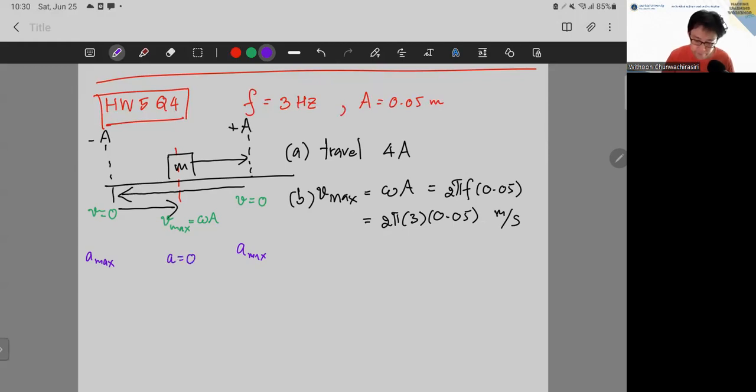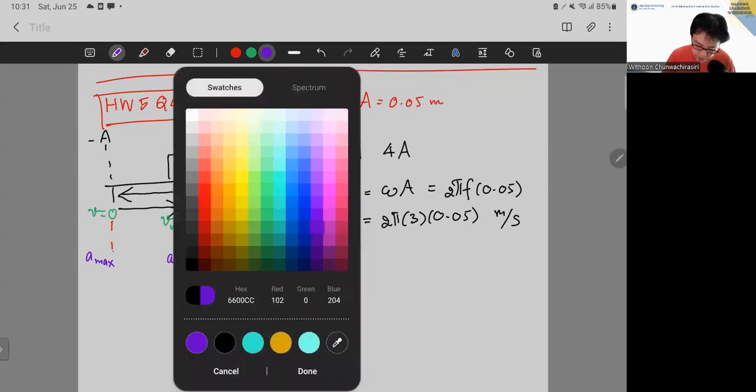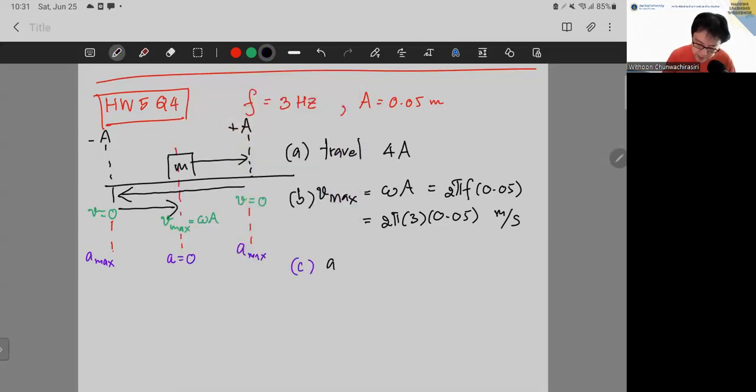Does that make sense? All right. So I hope this gives you a grand summary of the displacement, the velocity, and the acceleration. On top of that, for the A max, you have to differentiate the sinusoidal function one more time, and you will drop out that extra omega, if you remember that.